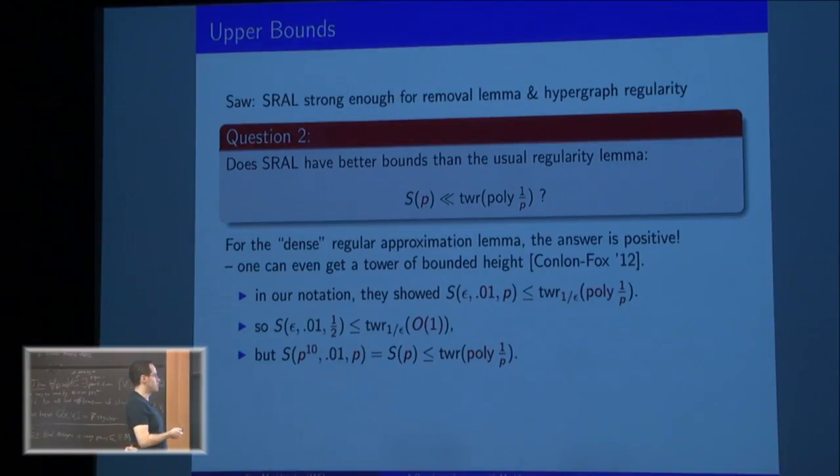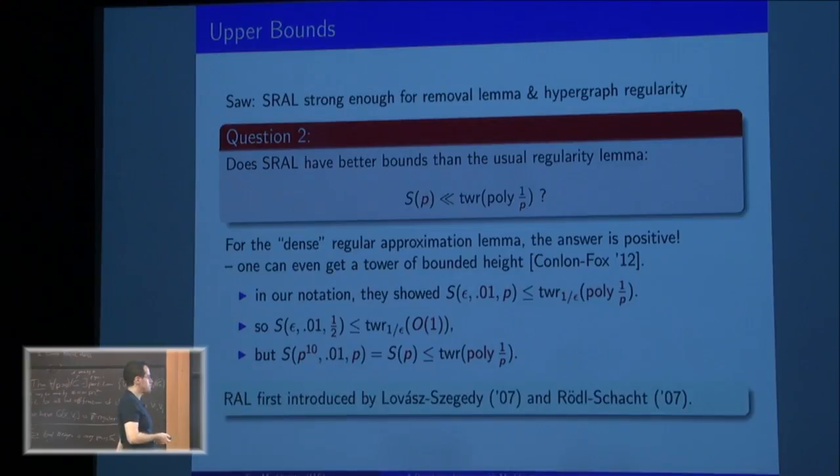So the result doesn't give anything better than Szemerédi's bound. It does give a stronger guarantee. By the way, our proof also gives a stronger guarantee, but our proof will actually give better bounds.